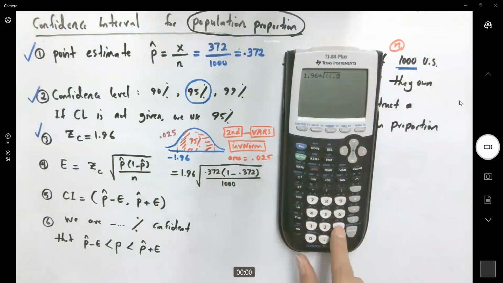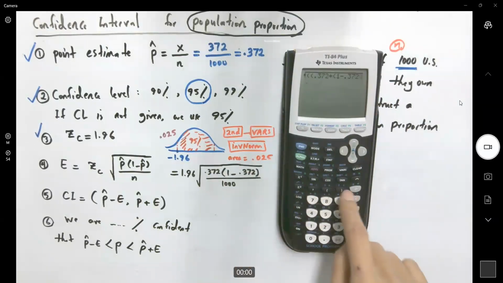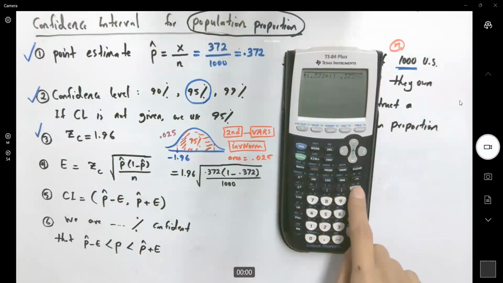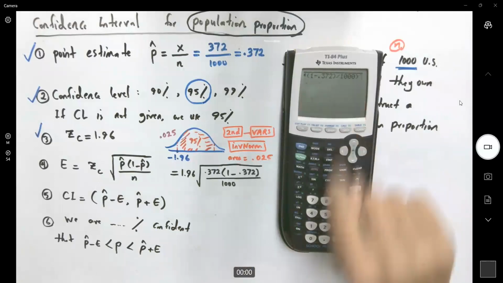We have 0.372 times parentheses 1 minus 0.372. Let me close up the parenthesis and divide by 1,000. As you can see, all quantities stay inside the radical.